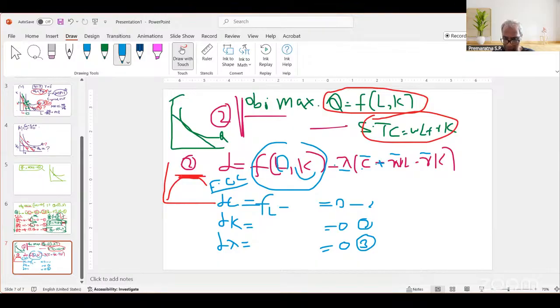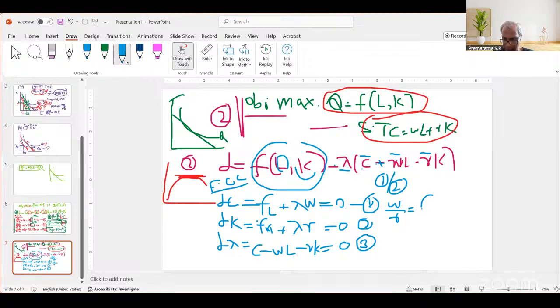When you differentiate with respect to capital, it becomes the marginal product of capital minus lambda R. The third equation is C minus WL minus RK. Now, like the previous case, if you divide equation 1 by equation 2, you get the condition W divided by R equals FL divided by FK.